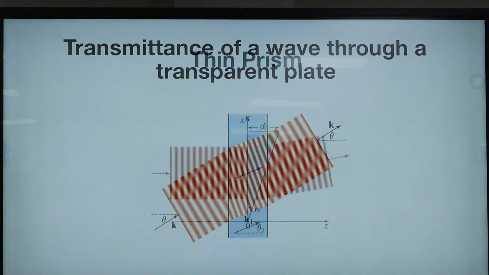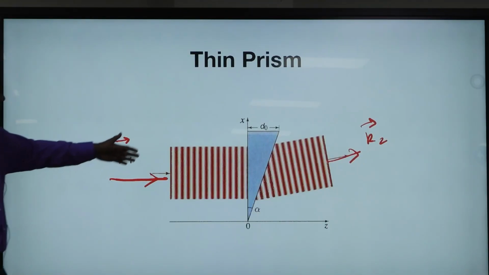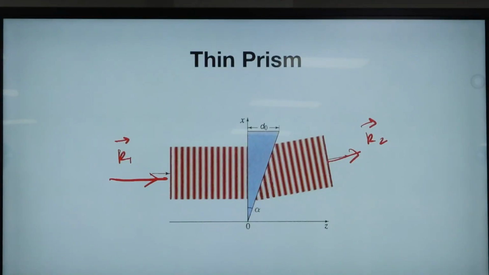The same kind of thing happens inside a thin prism as well. The direction vector k1 becomes k2 if it goes through this glass which has a certain angle. So what does a prism do? It changes the direction of light.